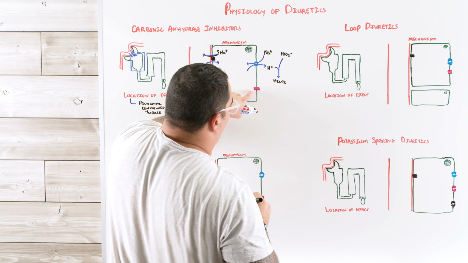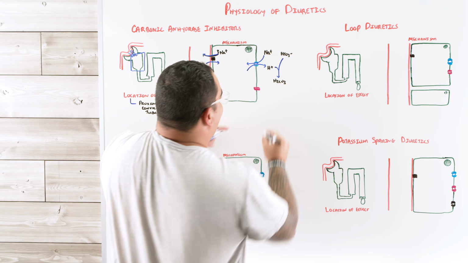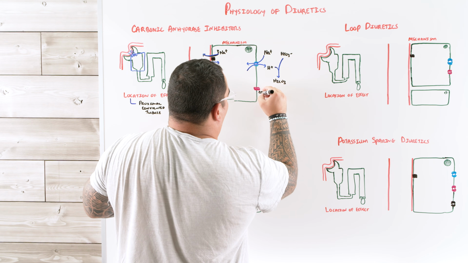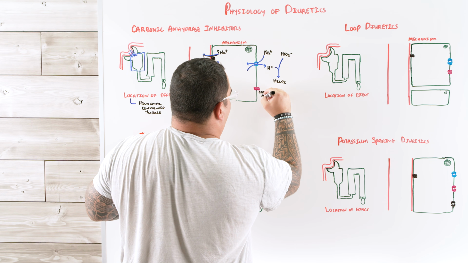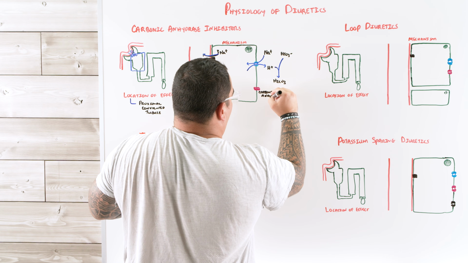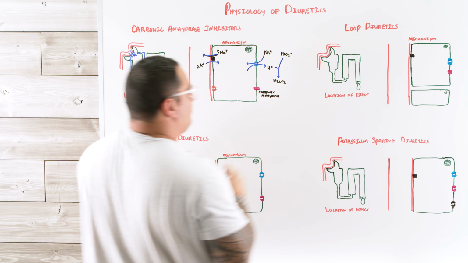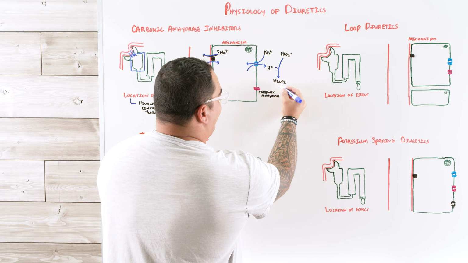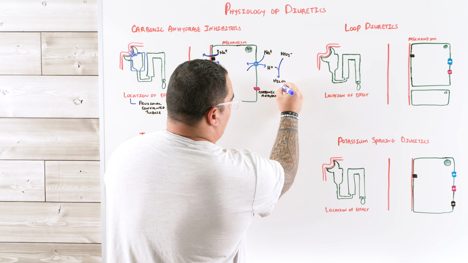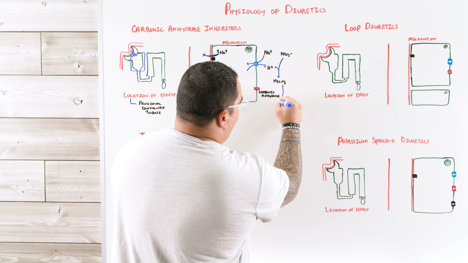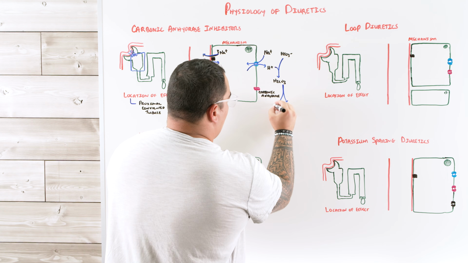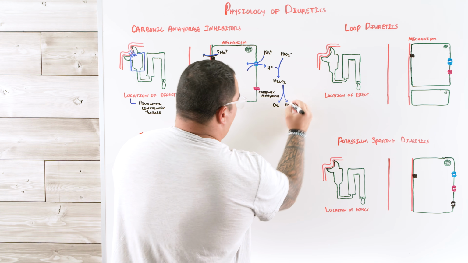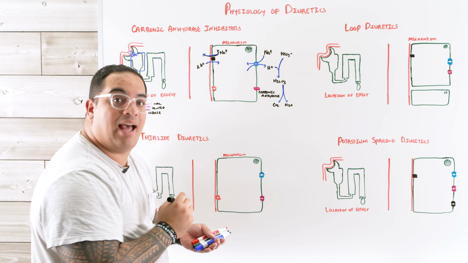There's an enzyme right here, you see this pink enzyme? This enzyme is called carbonic anhydrase. And carbonic anhydrase is basically going to take the carbonic acid and break it down into CO2 and water. So that's supposed to catalyze that step.